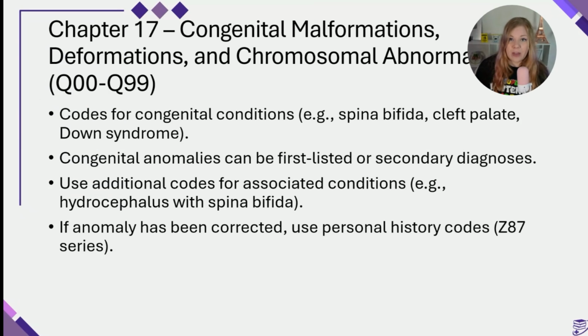For example, if a patient has hydrocephalus, it often accompanies a spina bifida. And if a congenital anomaly has been corrected, you should use the personal history code, the Z87 series, to reflect that. And remember that these codes can be used throughout the life of the patient unless that condition has been corrected. And that's when it becomes a history of code.